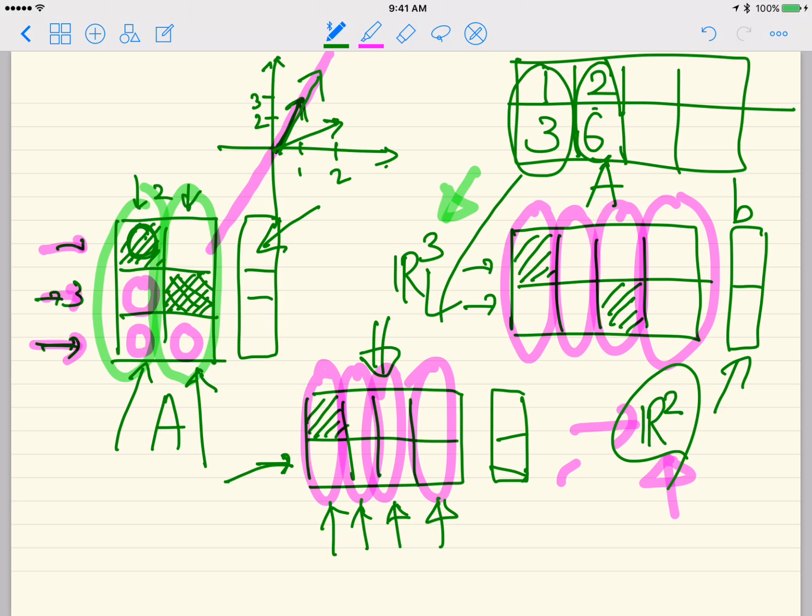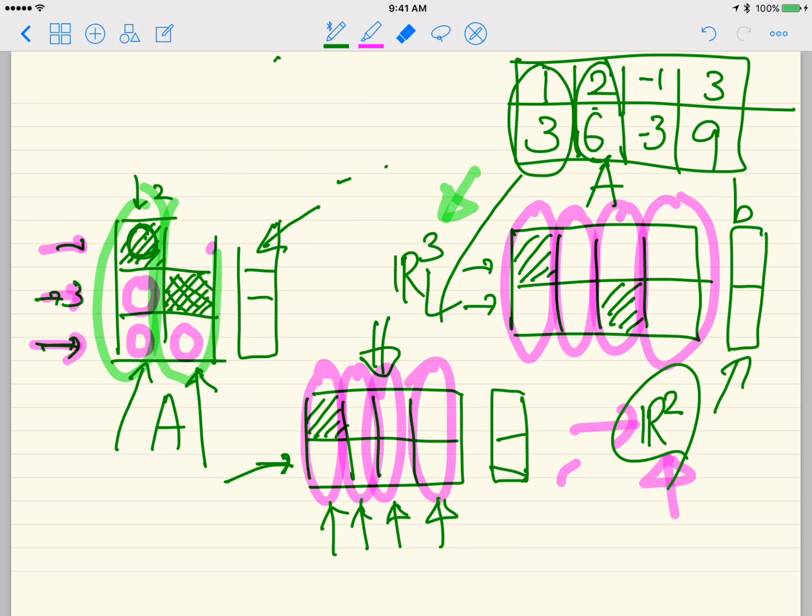So it means we have 2 and 6, and what about -1, -3, and maybe 3, 9. Okay. In this case, it cannot cover the entire two-dimensional space. Let's think about the original set of equations corresponding to these.